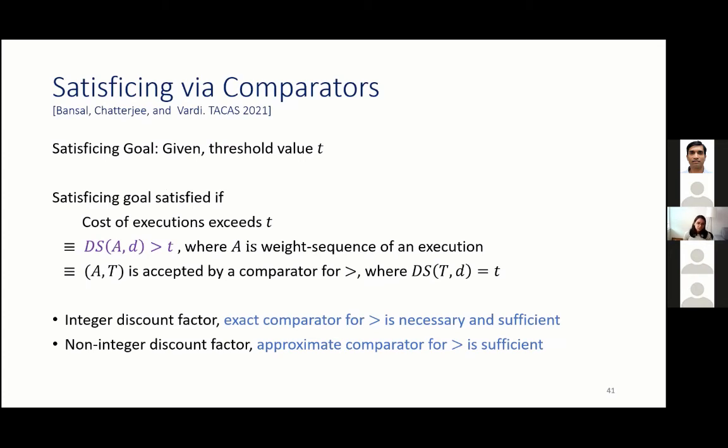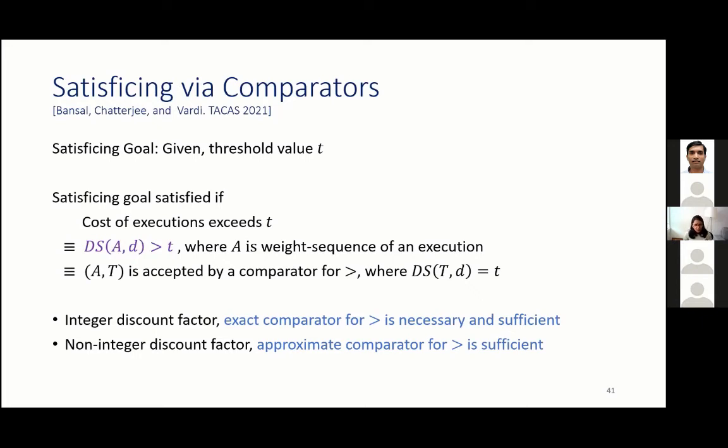Now, how do we take this comparator and use it to solve the satisficing problem? Here's the intuition. The key operation is that of comparison. The satisficing goal was: given a fixed threshold value t, can we ensure that the cost of every execution exceeds the value t? So all we are asking is whether the discounted sum of a sequence A is greater than or equal to t, where A is the weight sequence of a given execution.